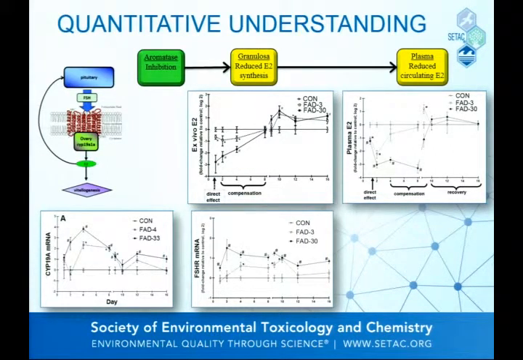What we see when we expose to an aromatase inhibitor is within 24 hours, we see a reduction in estradiol production. But if you continue the exposure at a set dose, what you see over time is that effect getting less and less, such that by about 8 days, there's actually no significant difference from the control. Those organisms are producing estradiol at the same rate as the controls.